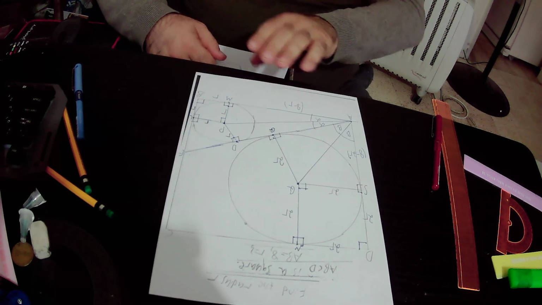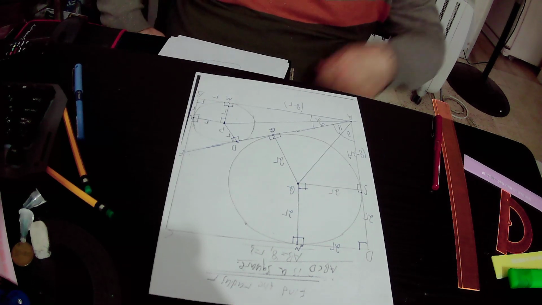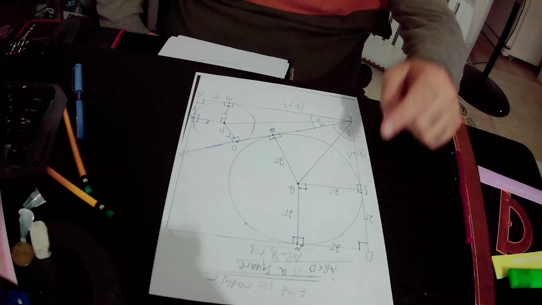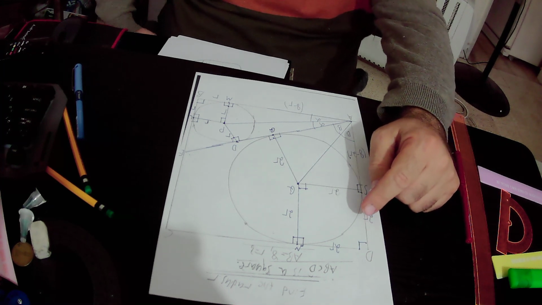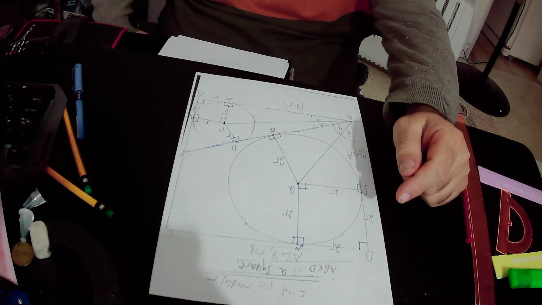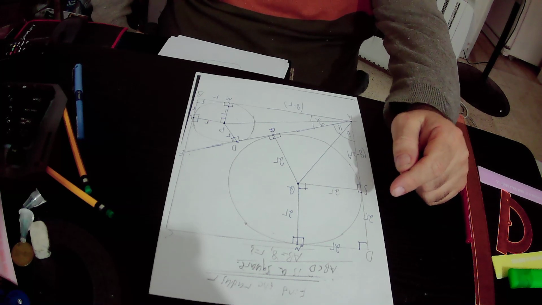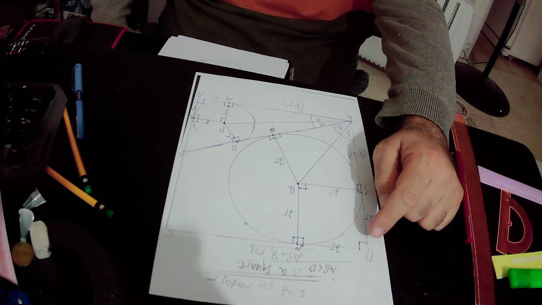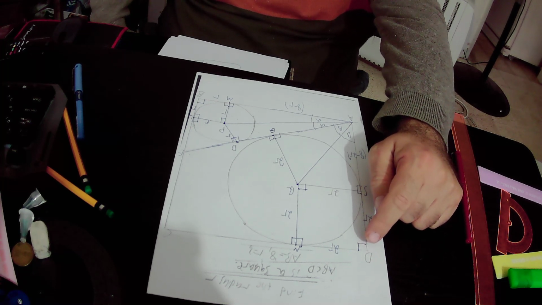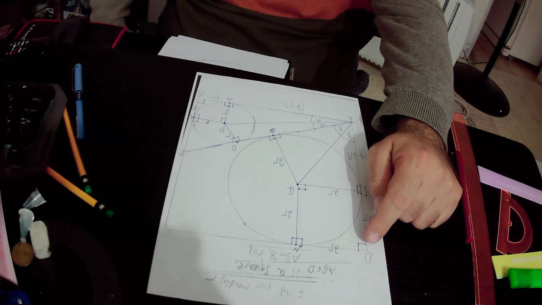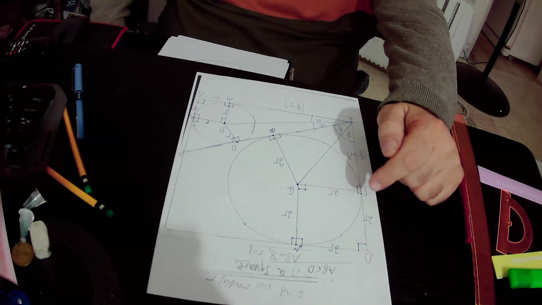And we also did the same thing here. This angle equals 90 degrees because it's one of the square's angles. All of them are right angles, so this angle equals 90 degrees.